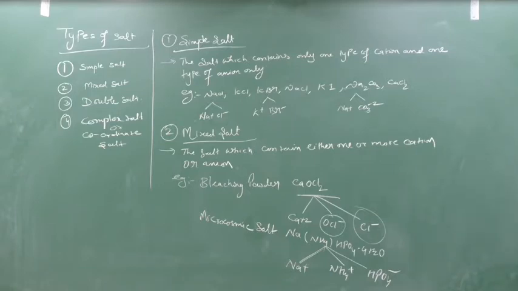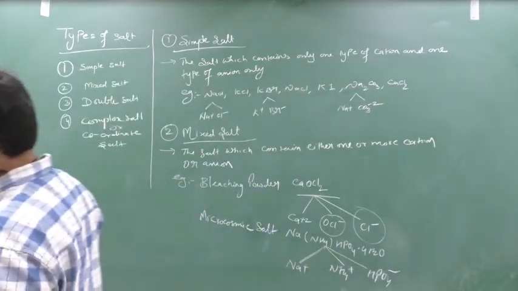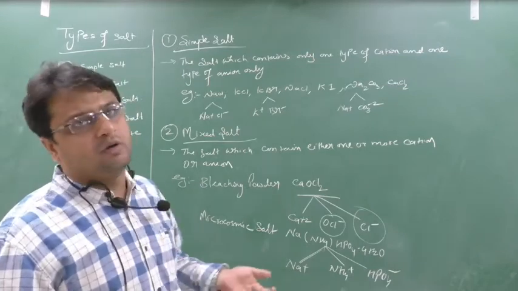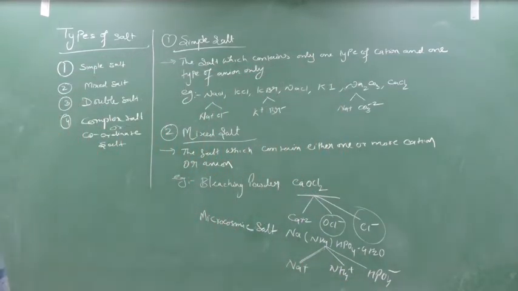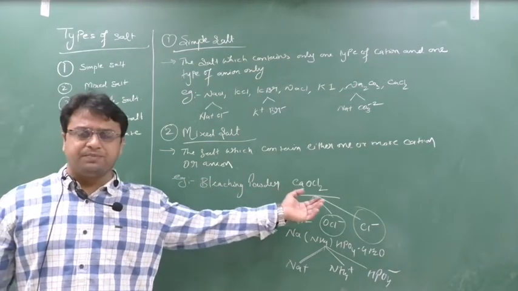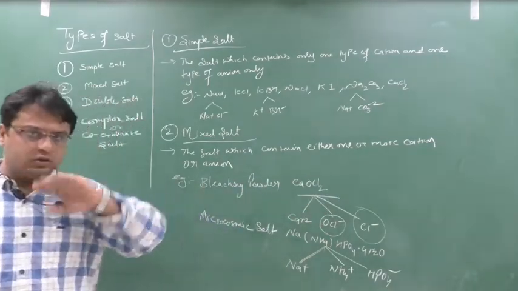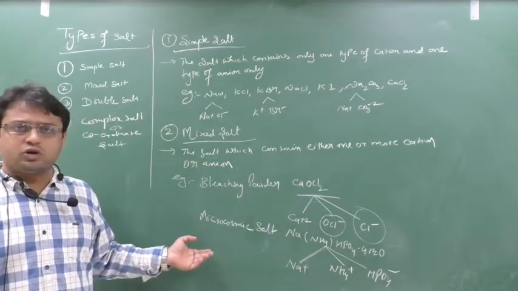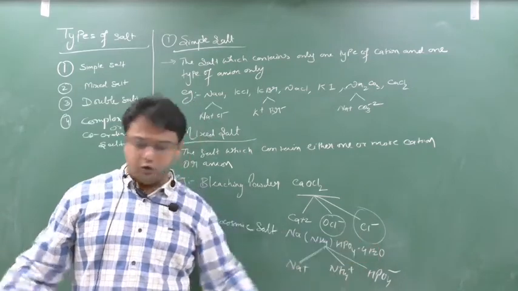Another one is a mixed salt, in which if there is one cation, then there will be one or more anions, or if there are one or more cations, then there will be only one anion. The best example is bleaching powder: when it dissociates, you get Ca plus 2, OCl minus and Cl minus, so there are two anions. Similarly, microcosmic salt is NaNH4HPO4 into 4H2O.